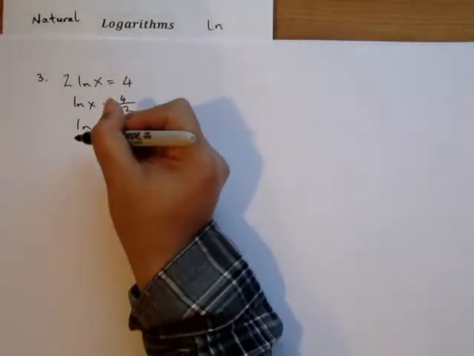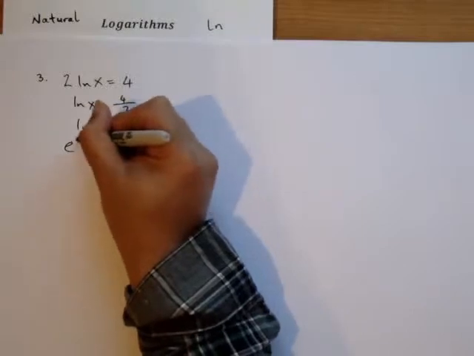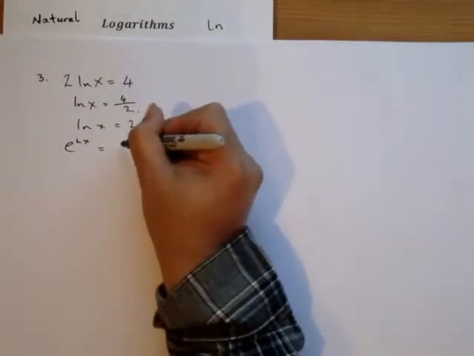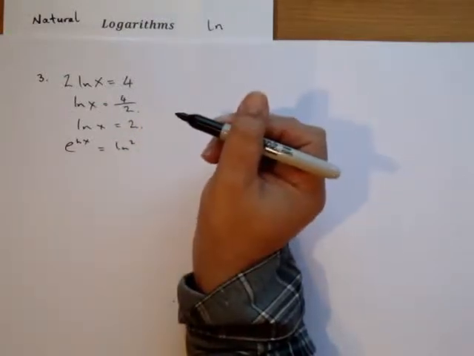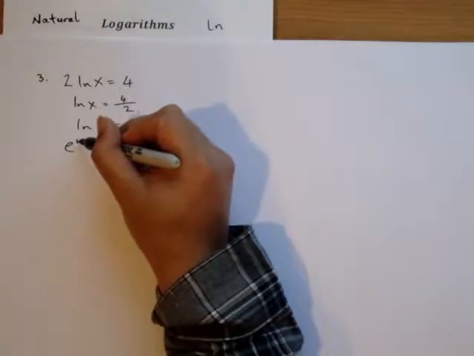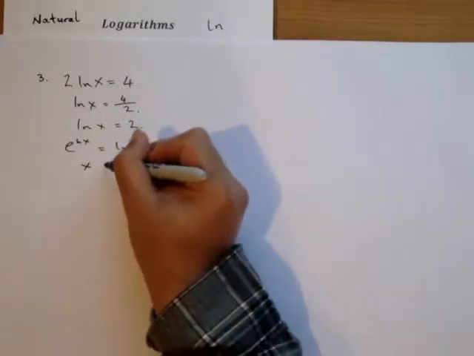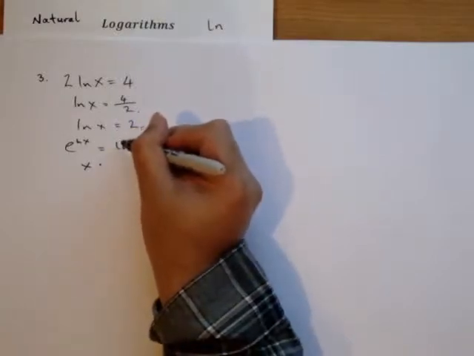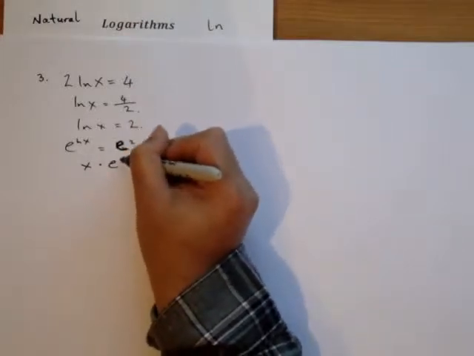So we take e to the natural log of x equals e to the 2. Now because e and the natural log cancel each other out, we get x. We get x equals e squared.